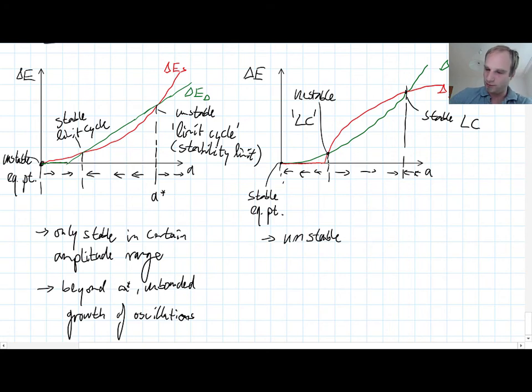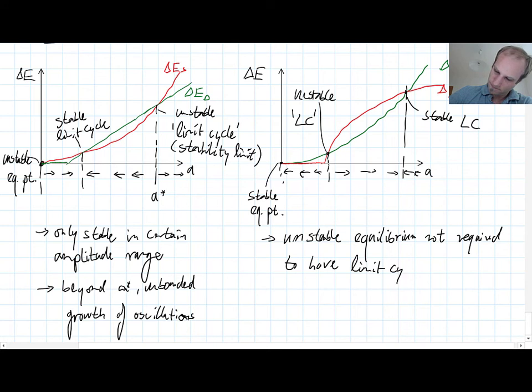So we don't need an unstable equilibrium to have limit cycles. And limit cycles reached for sufficiently large initial perturbation.